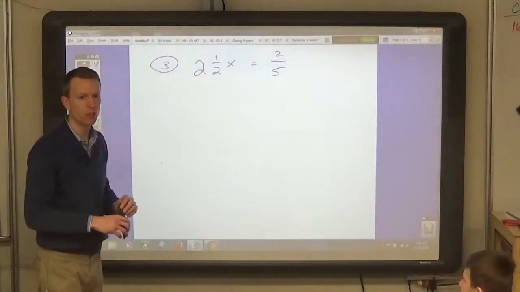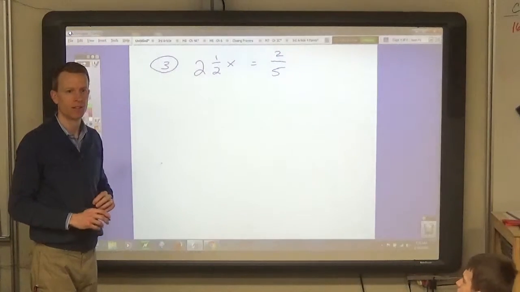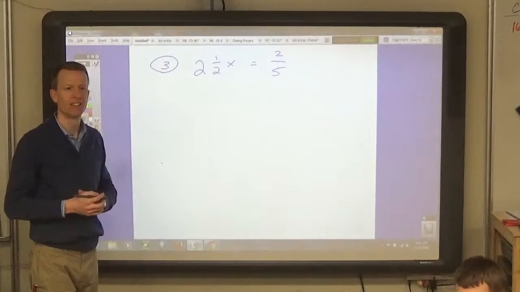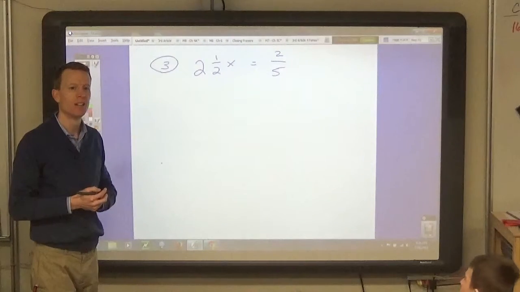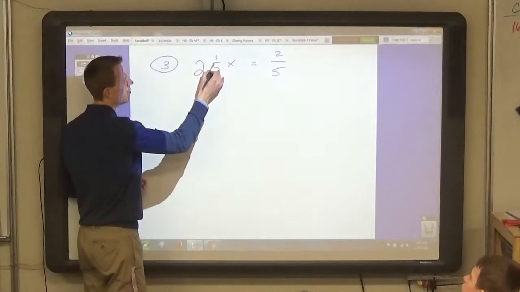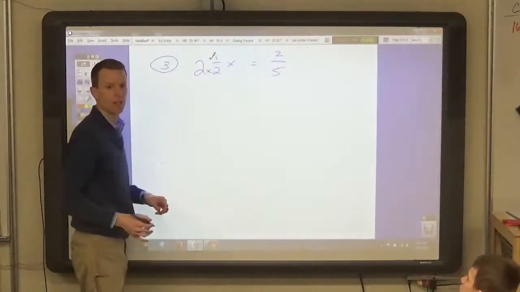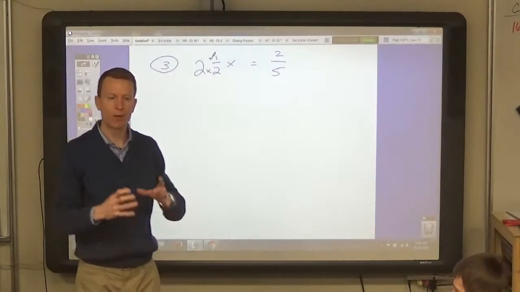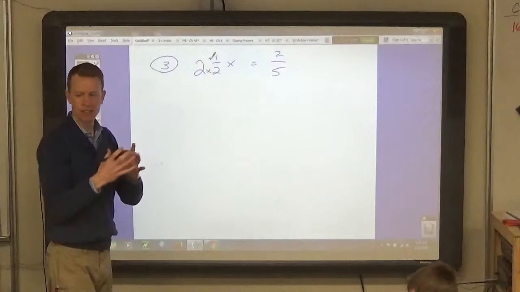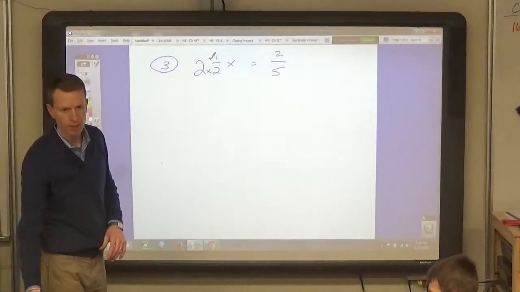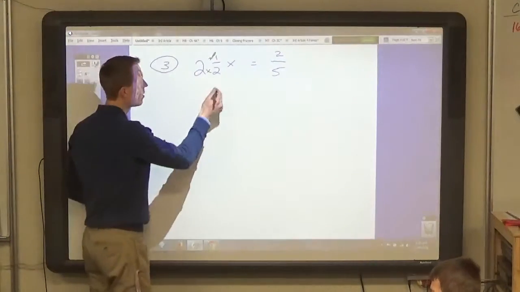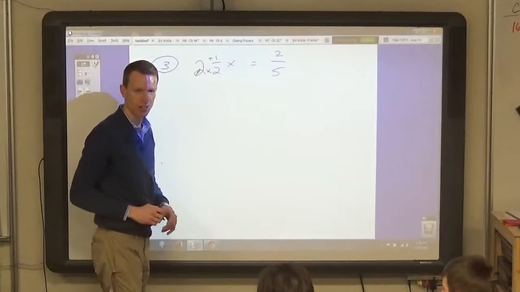You have to change it to a fraction. 2 times 2 plus 1. We're changing it to fraction form. Yep. From a mixed number to a fraction form. Okay? So this is what? As a fraction.